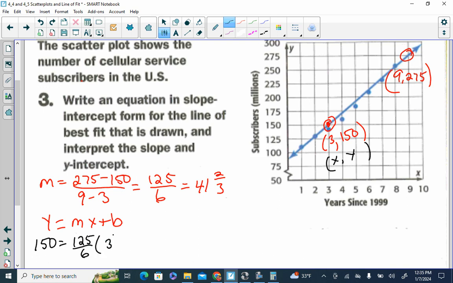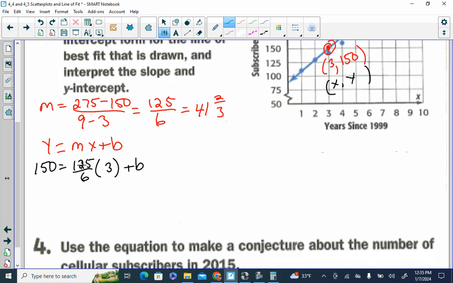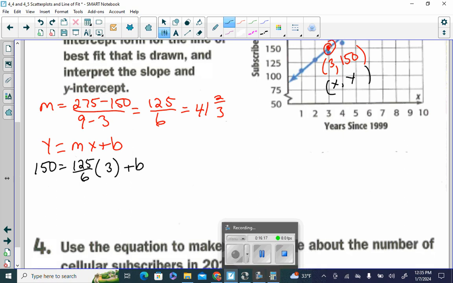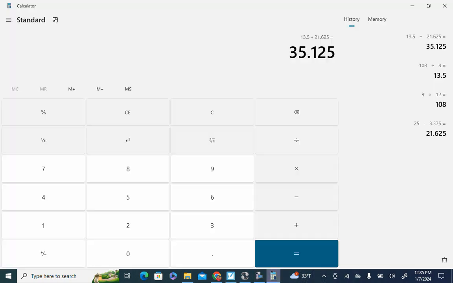My x is going to be 3. I'm going to add b. Right, I'm going to do 125 times 3 divided by 6. 125 times 3 equals, divided by 6 equals. And then I'm going to subtract the 62.5 from 150.